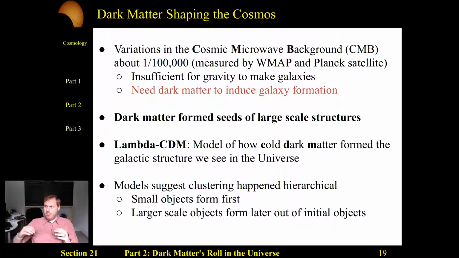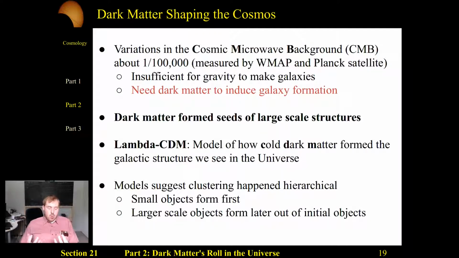That means from the hottest throughout the cosmos to the coldest, it's only 1 in 100,000 different. So that variation, that's just not enough material to make galaxies with just gravity by itself.